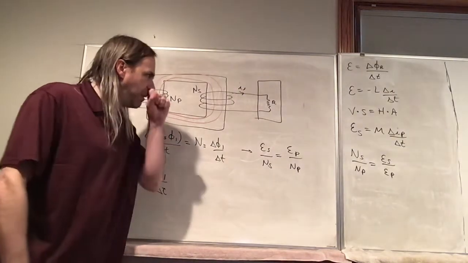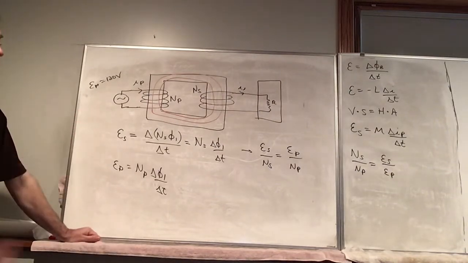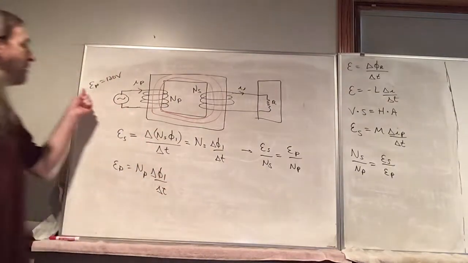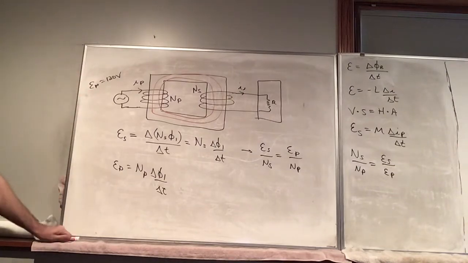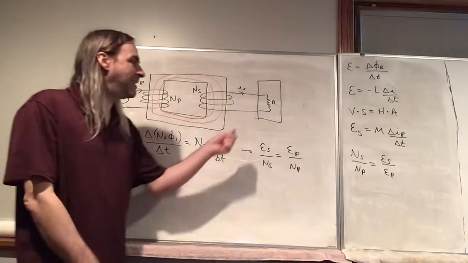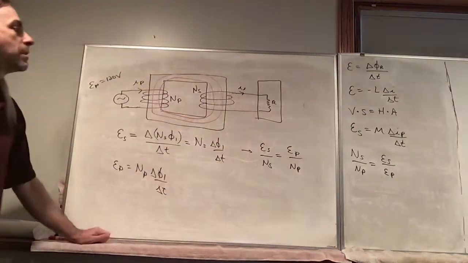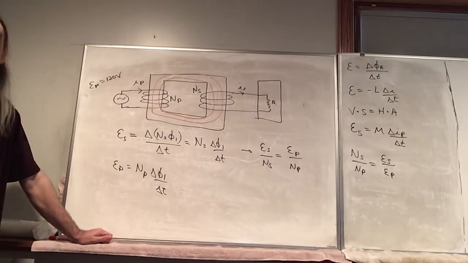So we're just talking about the purpose of a transformer and that it can convert voltages. There are two reasons why that's so useful. We have a standard outlet, which in America is 120 volts RMS. What if you plug a device into the outlet that doesn't want 120 volts? Every device has its own needs.